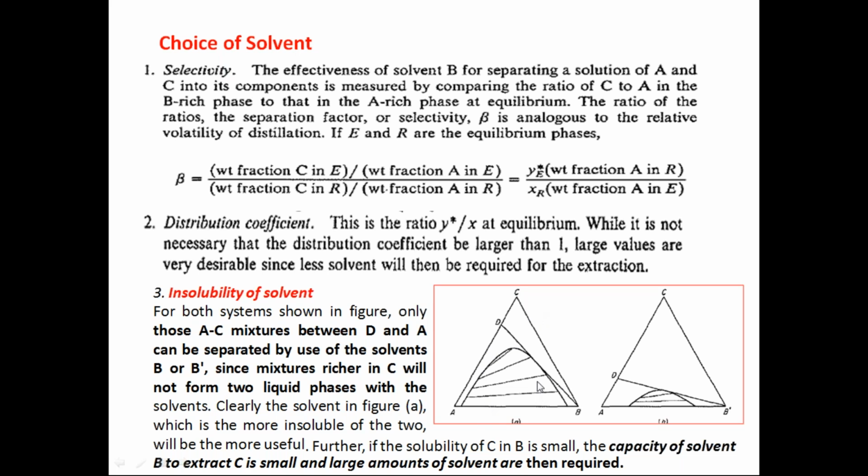Insolubility of solvent will give more binodal curve area. More binodal curve area means more heterogeneous zone. Less binodal curve area means more homogeneous zone in the solution concentration ranges. So see that D to B prime indicates the solubility of the C in B prime, and DCB indicates the solubility of C in the B. So this is having less area, this is having more area.